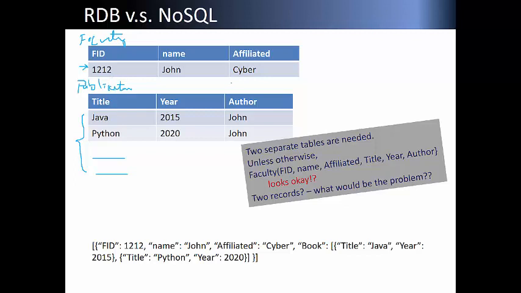This will be a continuation of this table definition. This is something about title, and this is something about year. This is something about author. Author is named here, so we don't need to. Actually, this is a join operation, right? When we need to join, this is join operation.